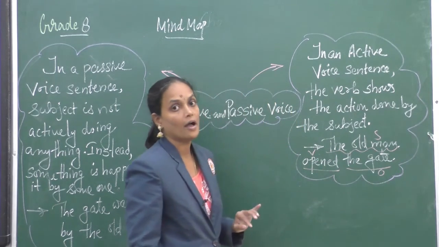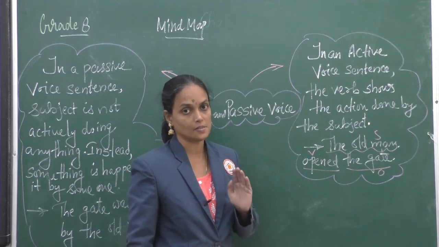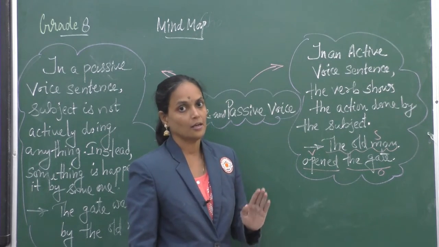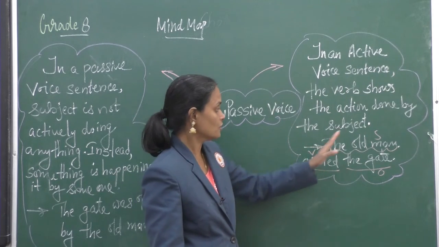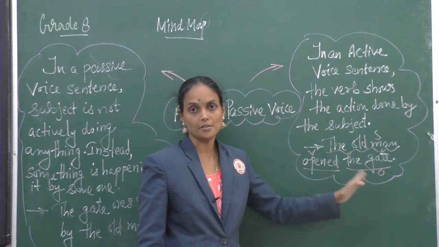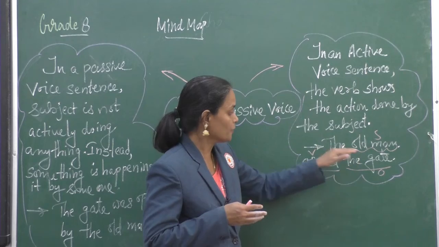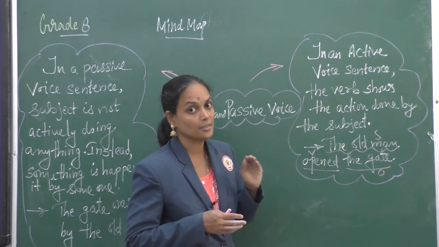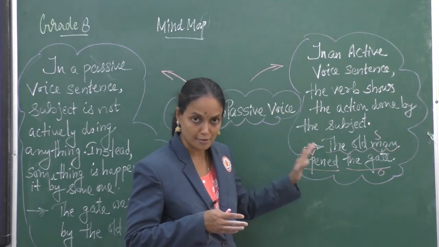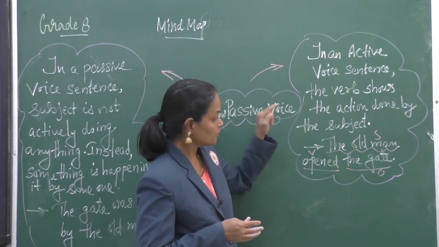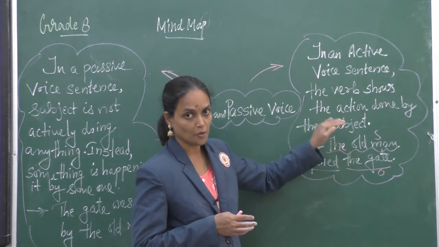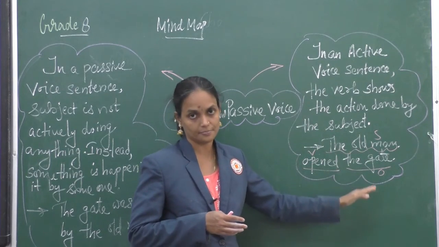As I told you, an active voice sentence generally follows the structure subject, verb and object, and the verb indicates the action done by the subject. Here opened, this word indicates what the old man did. The old man opened the gate.